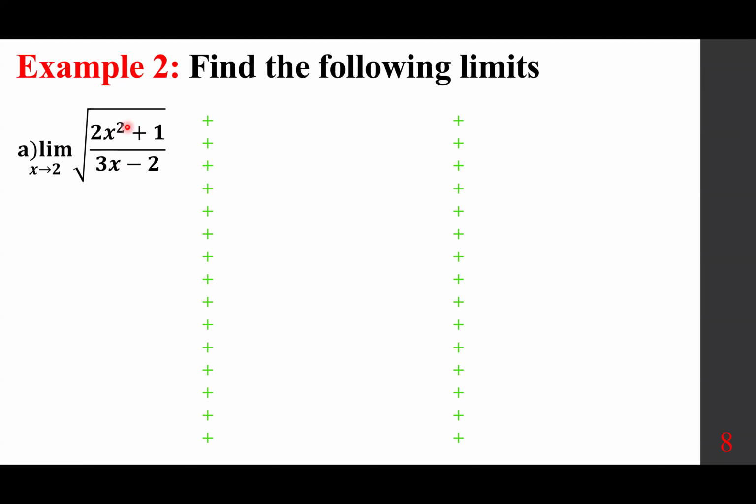If we plug in 2, we get 4 times 2, 8 plus 1 is 9, 3 times 2 minus 2 is 4. And that's 3/2. In other words, you plug in and it works out.